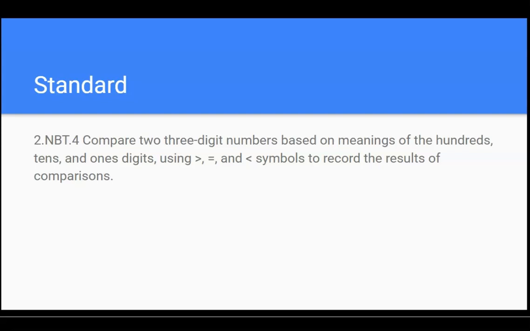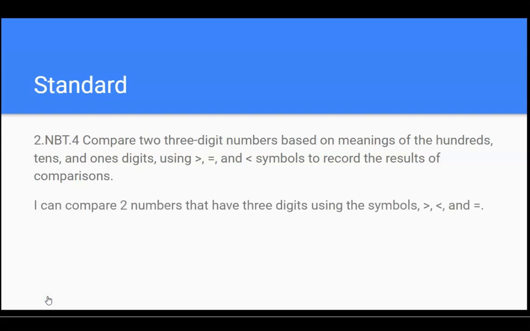So if you recall, the standard that I chose was compare two 3-digit numbers based on meanings of the hundreds, tens, and ones digits using greater than, equal to, and less than symbols to record the results of the comparisons. When you're making a learning target, it's going to be an I can statement. So the I can statement that would go with this is, I can compare two numbers that are 3 digits using the symbols greater than, less than, and equal to. So that would be your learning target.